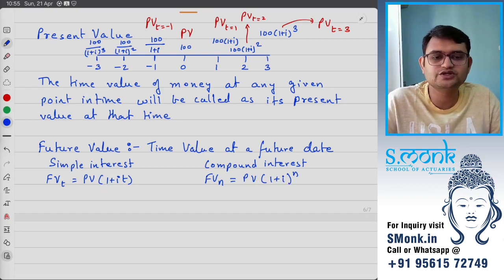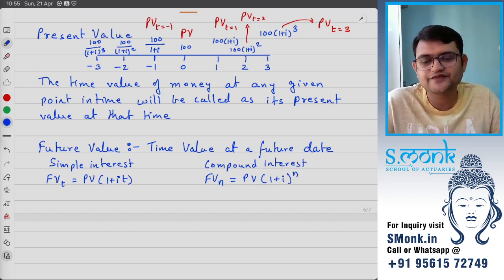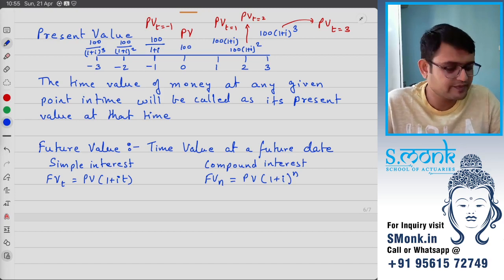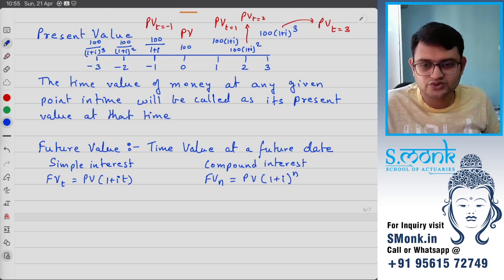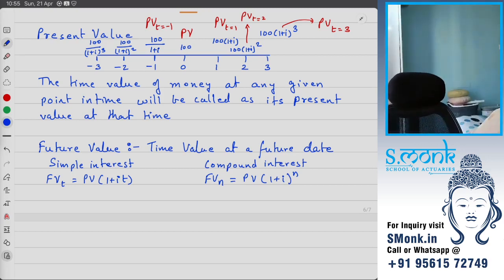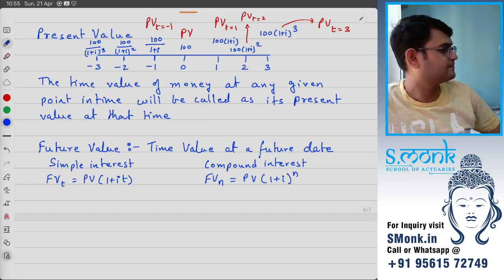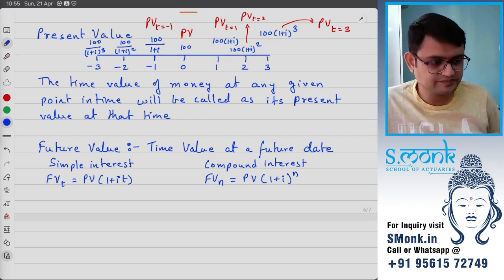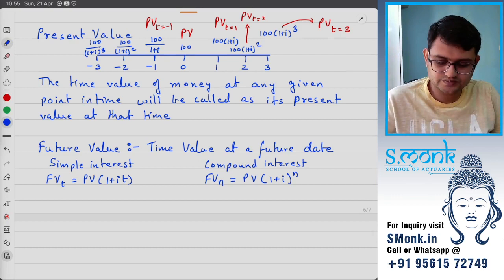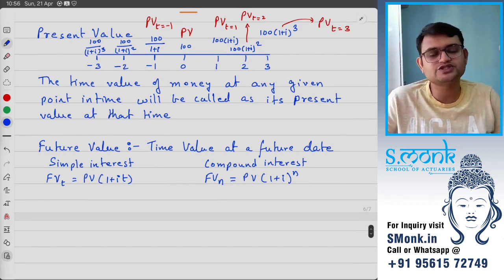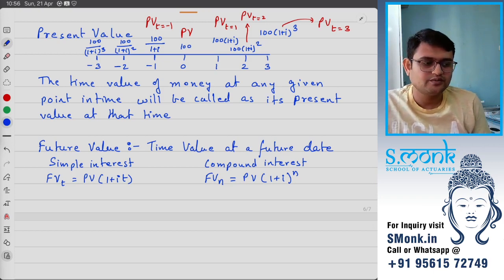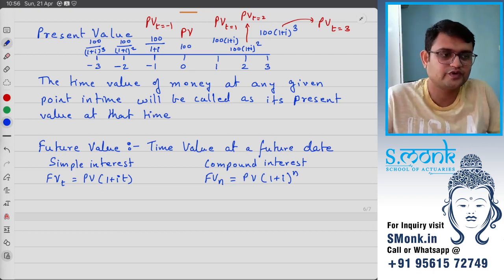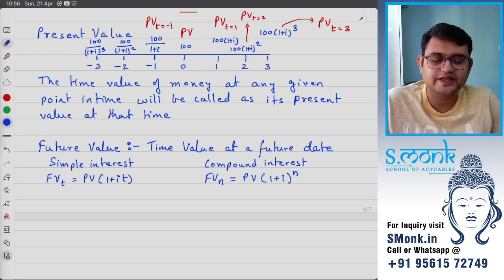So this is how we use the terms future value and present value. If I'm not mentioning the time in present value, I mean it is present value at time 0. Is that clear? Technically, present value is just time value at any given point in time. But for any understanding, for any sums, we use future value and present value.